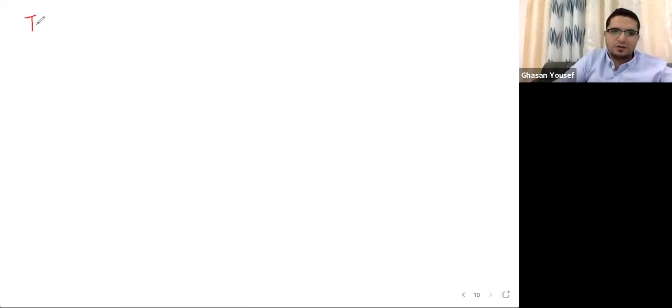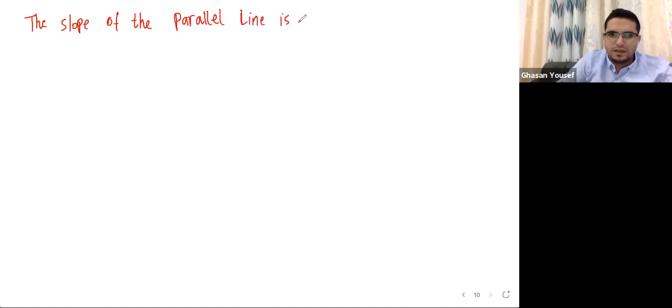So here the slope of the parallel line is minus 2 over 3.